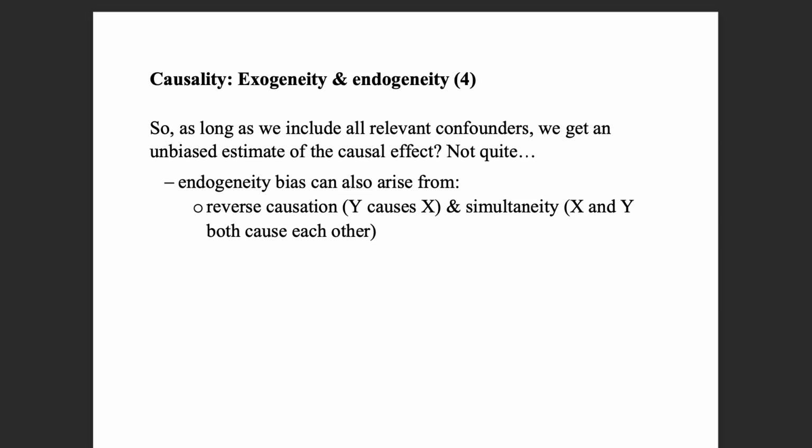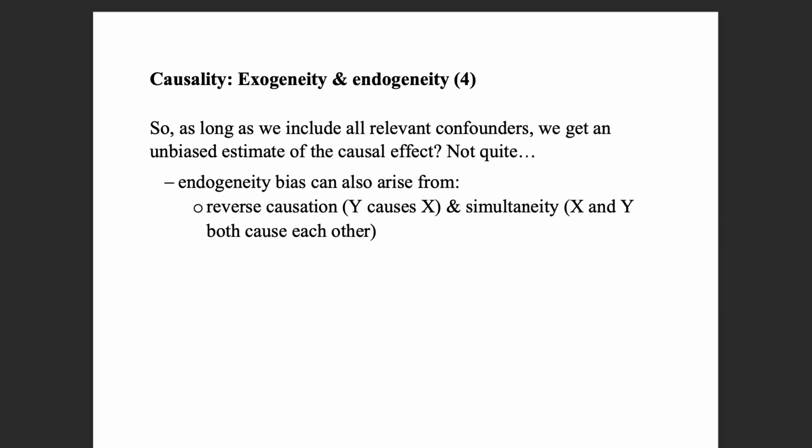But of course, if you think about it theoretically, it seems quite implausible that it is differences in satisfaction with democracy that are leading to differences in age. It's much more plausible that it's working the other way around, that differences in age are leading to differences in satisfaction with democracy or satisfaction with the government. So that's what we mean by reverse causation: the dependent variable and the independent variable that you identified in reality actually work the other way around.